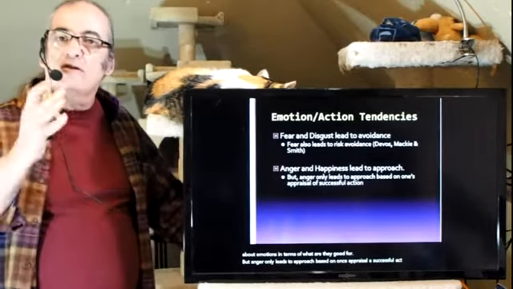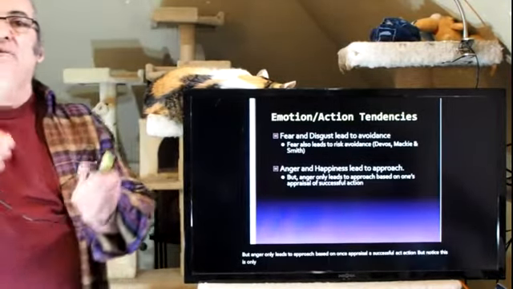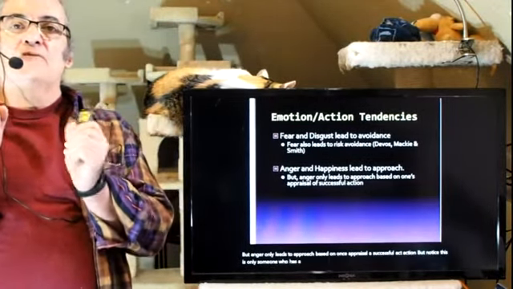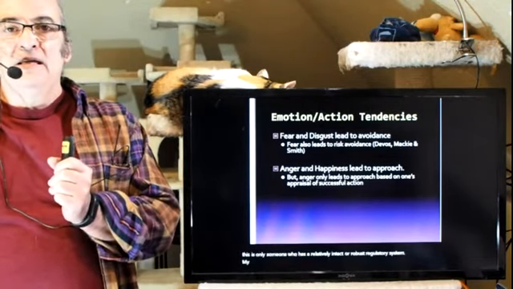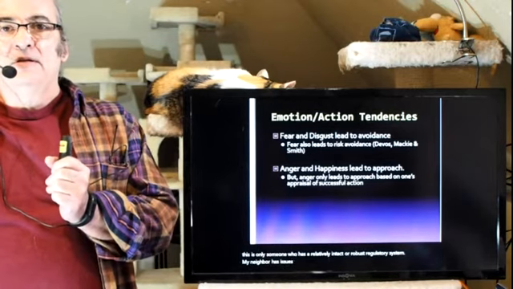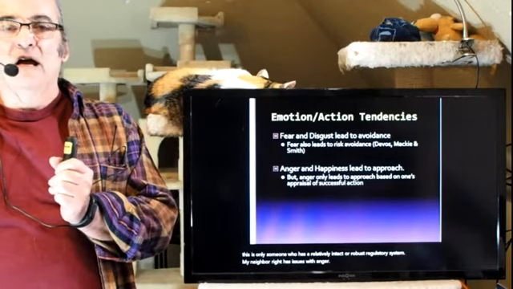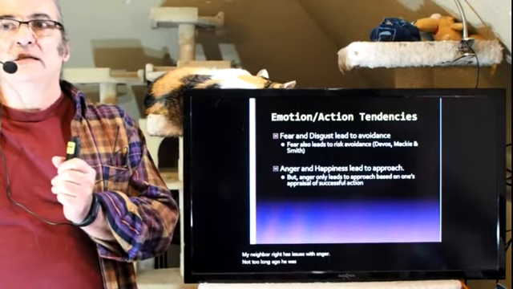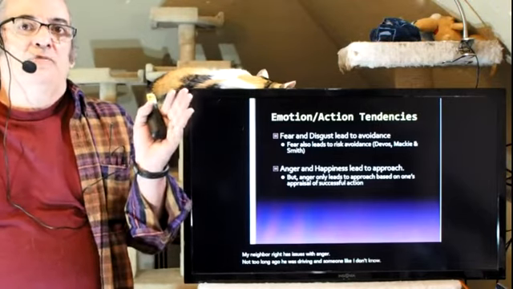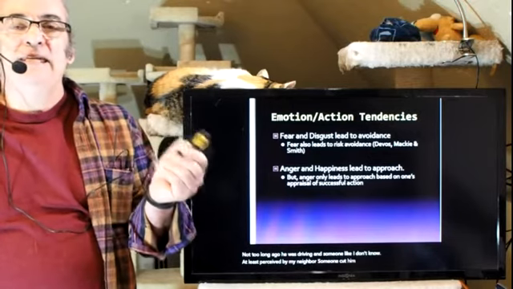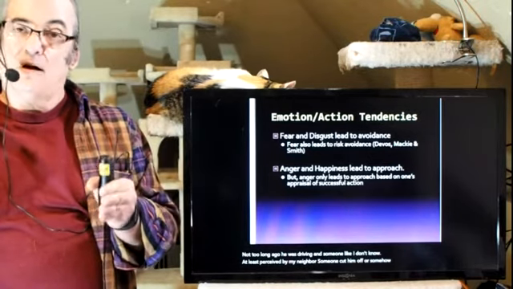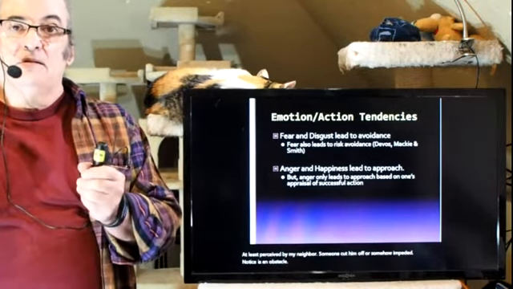But notice, this is only someone who has a relatively intact or robust regulatory system. My neighbor, right, has issues with anger. Not too long ago, he was driving and someone, at least perceived by my neighbor, cut him off or somehow impeded him, noticed as an obstacle, had a little road event.